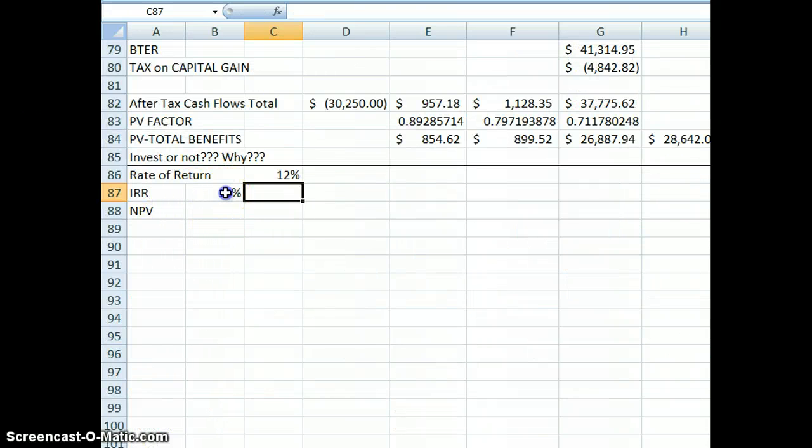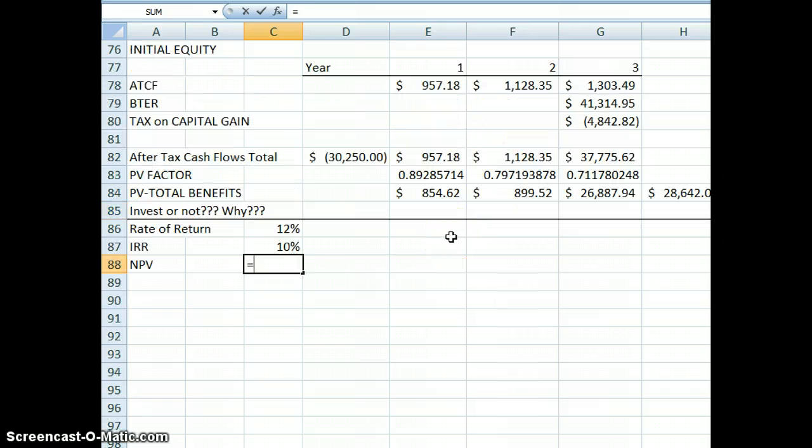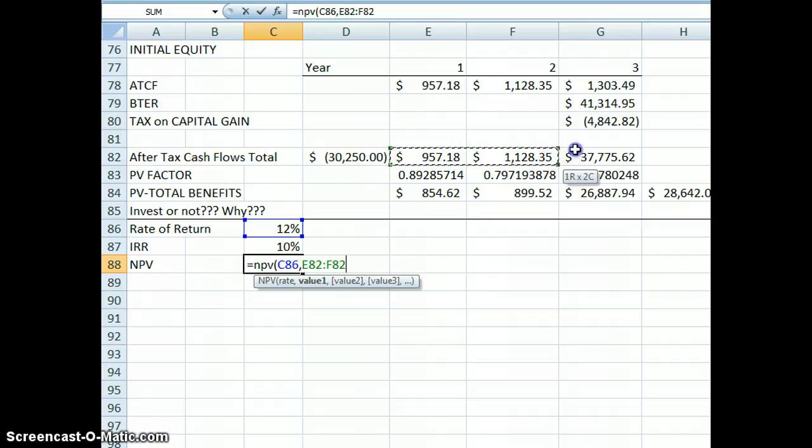So as we can see already, this number is actually lower than that, but we'll just compute NPV also to check that out. So NPV, and our rate is going to be our rate of return. And we're going to take these future cash flows, and then since that number is already a negative, I'll add it back in.